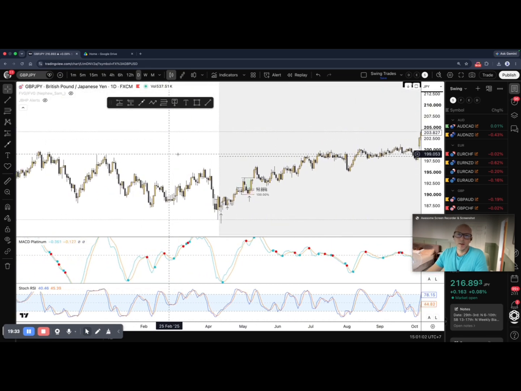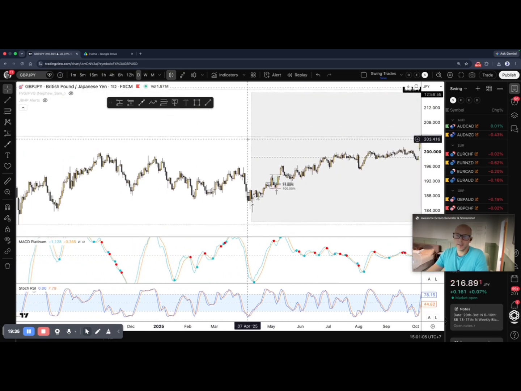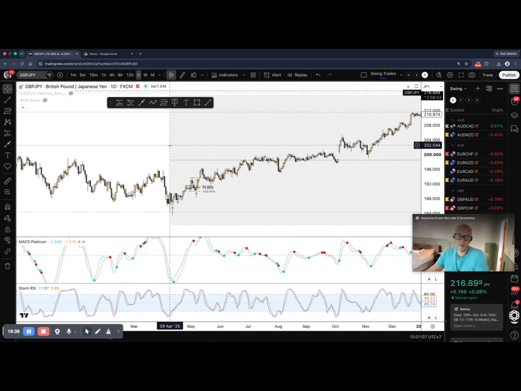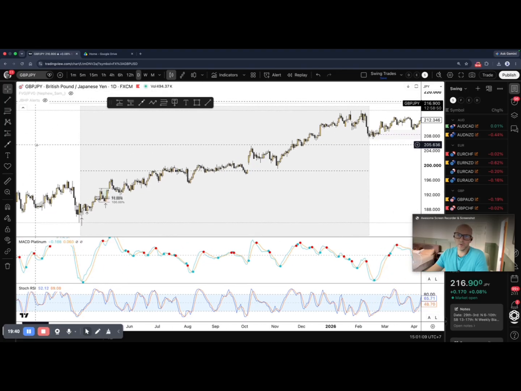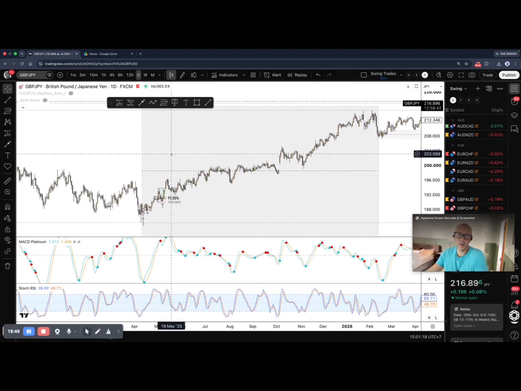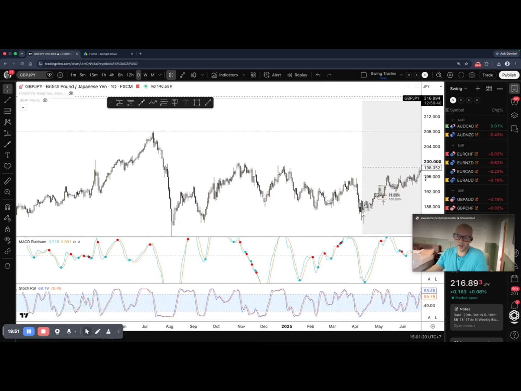Now, on the daily, like I said, this has lasted from April 2025 all the way through to February 2026. That's like a 10-month bullish trend. Now, it doesn't always last that long.